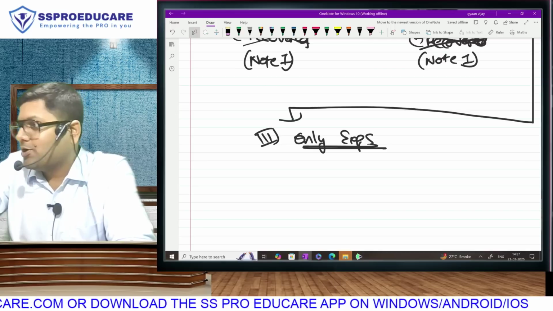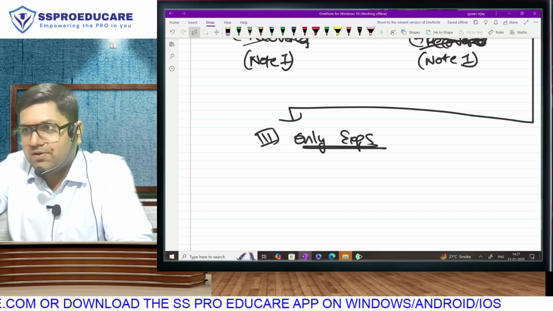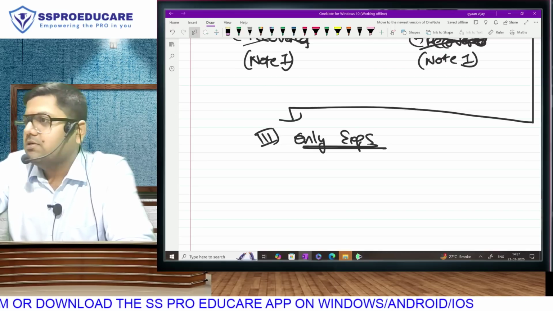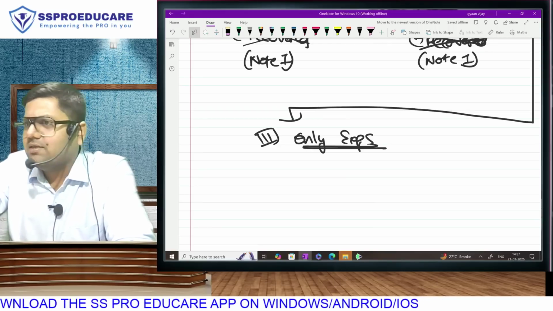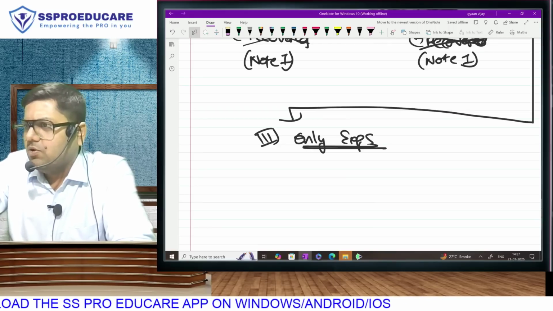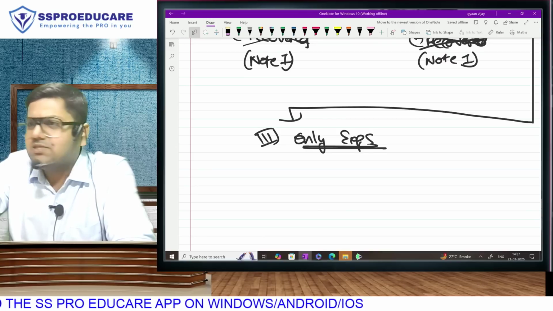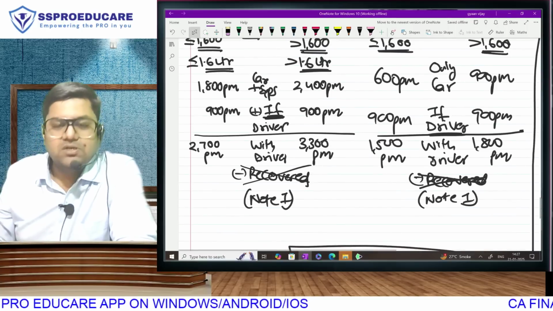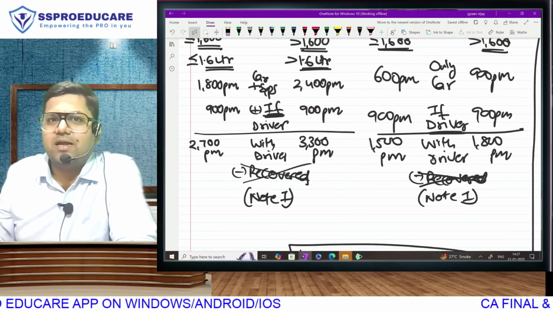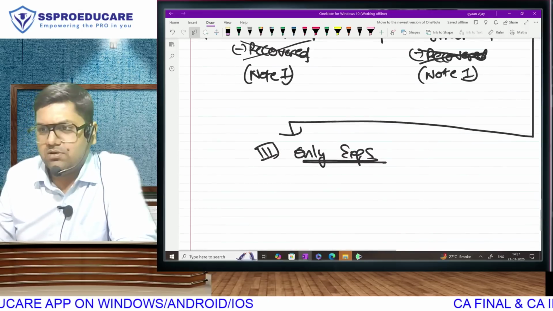Sometimes you use your car for your personal benefit, and sometimes you use it for office work also. We all understand that the personal part will be taxable, the official part won't. So till now they gave us that personal part on a notional basis, and directly we paid tax on these amounts: 1800, 2400, 600, 900, or with driver, whatever is the amount.